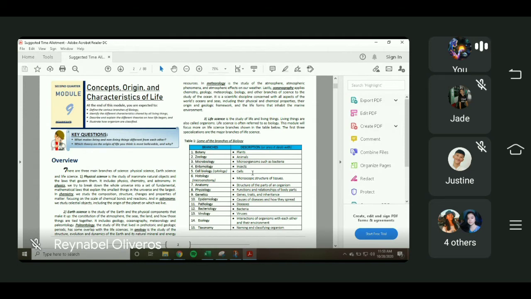Then oceanography applies the chemistry, the geology, the meteorology, biology, and the different branches of science that study the oceans.